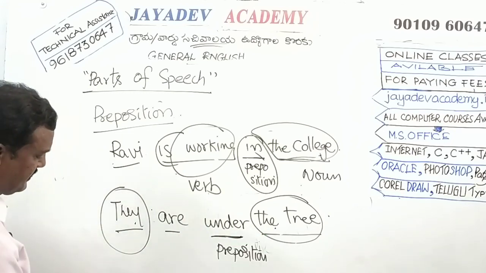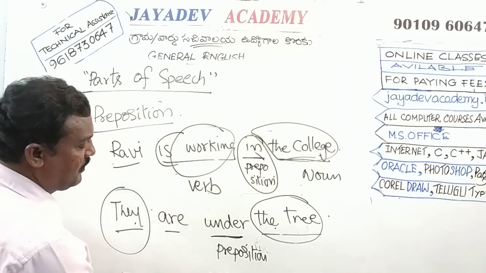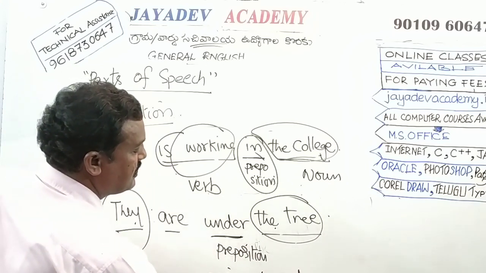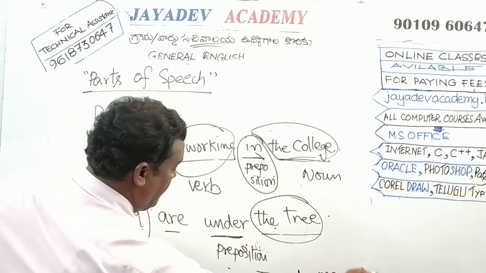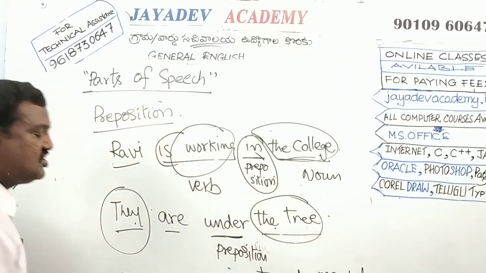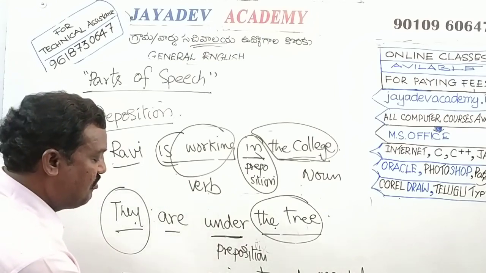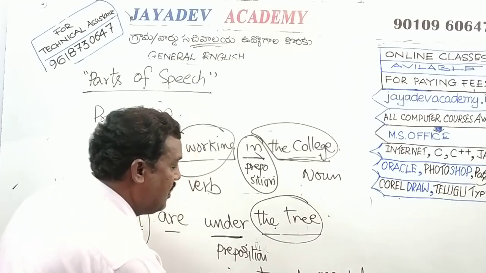Now another one. They are going towards market. Towards is a preposition which shows the relation between the verb and the noun market.